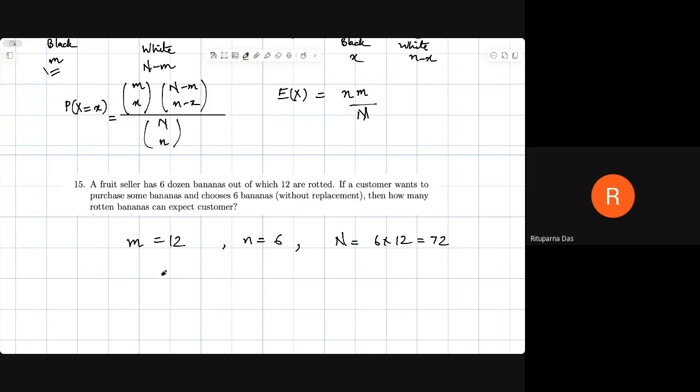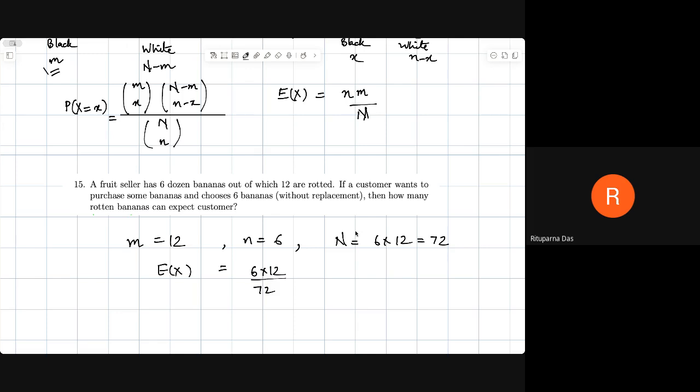We have to find the expectation E[X], which is 6 into 12 by 72.